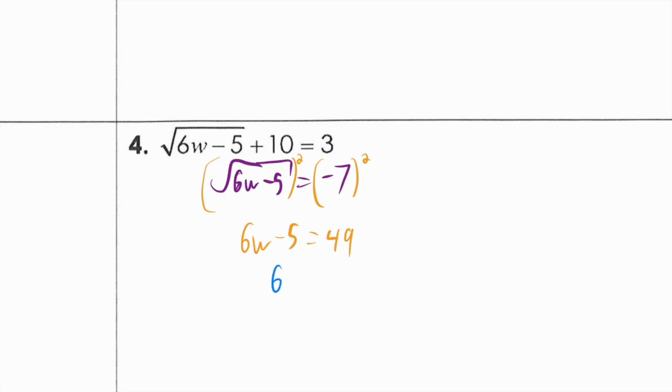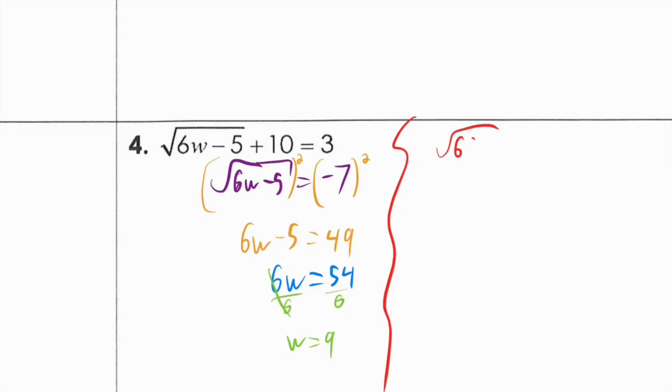We add the 5 to both sides to try and get w by itself, and we get 6w equals 54. Then we divide both sides by 6, and I get w equals 9. But if I were to plug back in my answer to the original problem, square root of 6 times 9 minus 5 plus 10 equals 3.